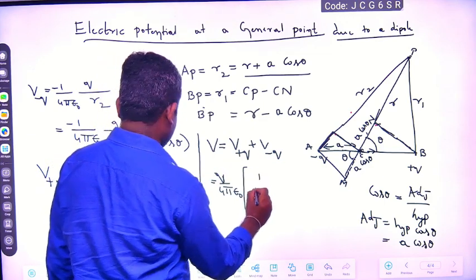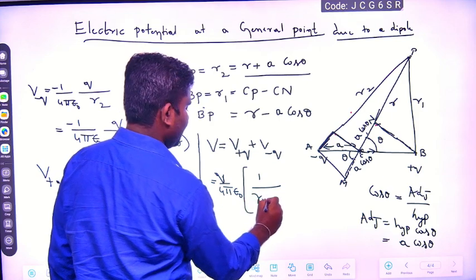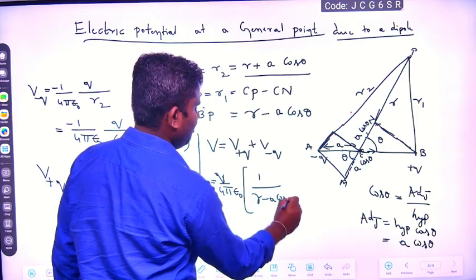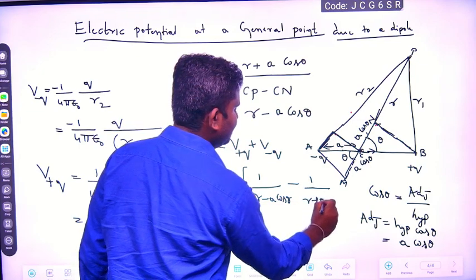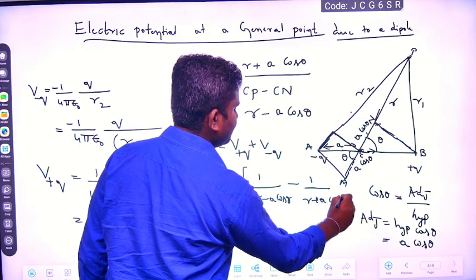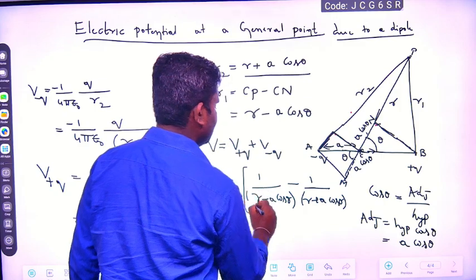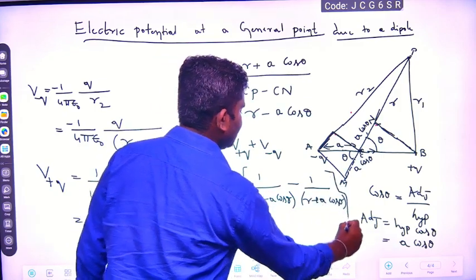So 1 by R minus a cos theta minus 1 by R plus a cos theta, that's it. Just you do the simplification, you will get the answer.